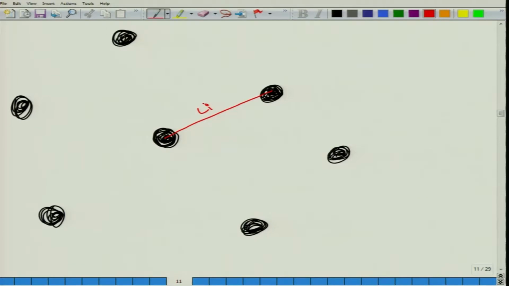Now let us make a circle with Li as its diameter. If we make this circle, now consider our sample plot to be given by this circle. So, this is our sample plot.